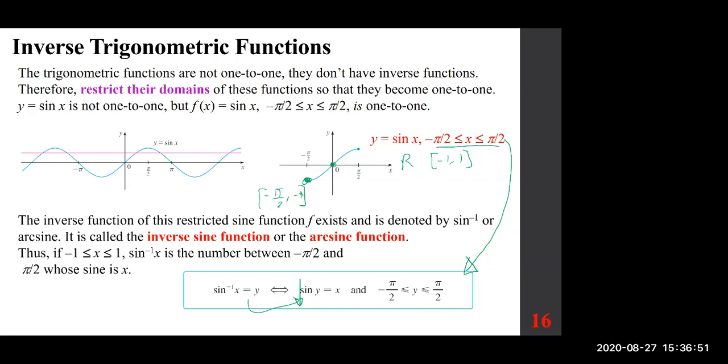0, 0 remains at 0, 0. And this point has coordinates pi over 2, 1. It's parentheses, class, okay. Sorry. Now pi over 2, 1 becomes what? 1, pi over 2.